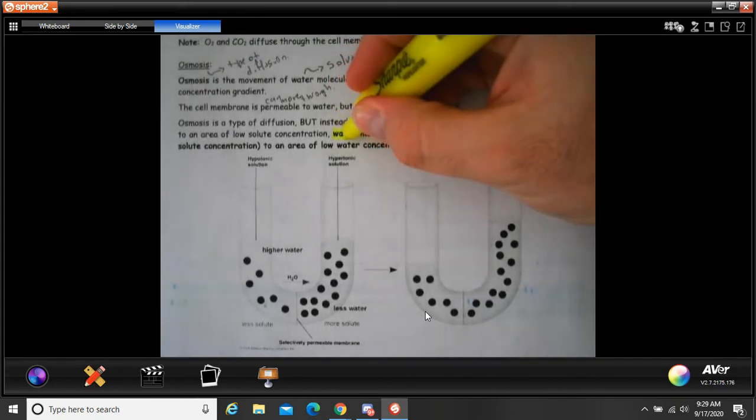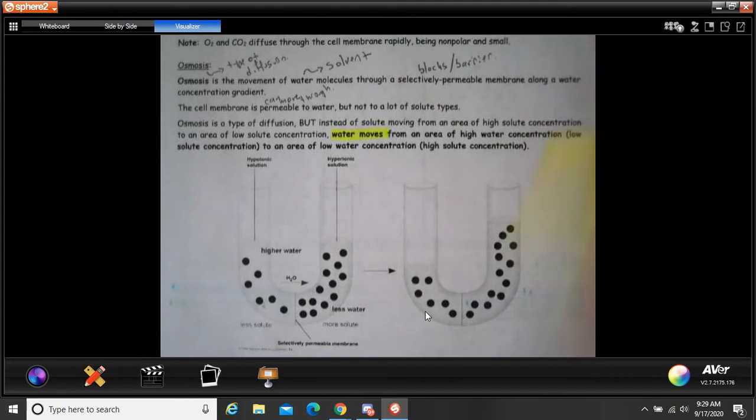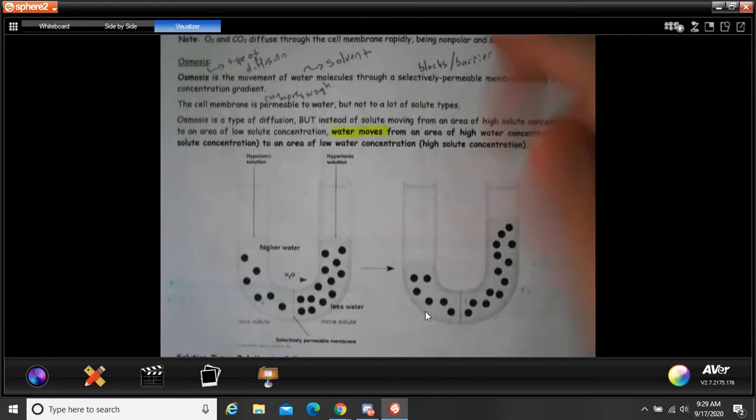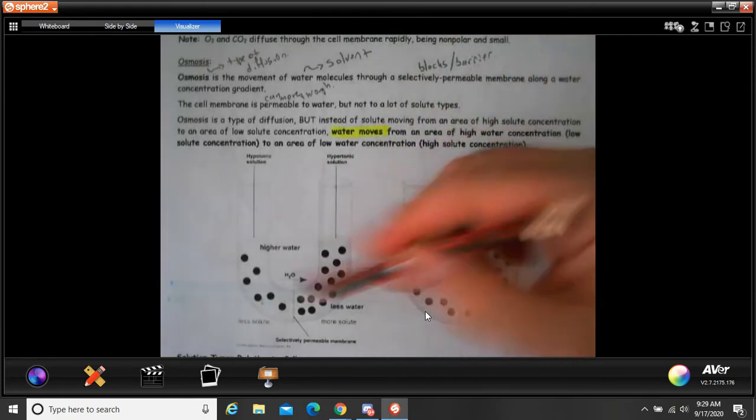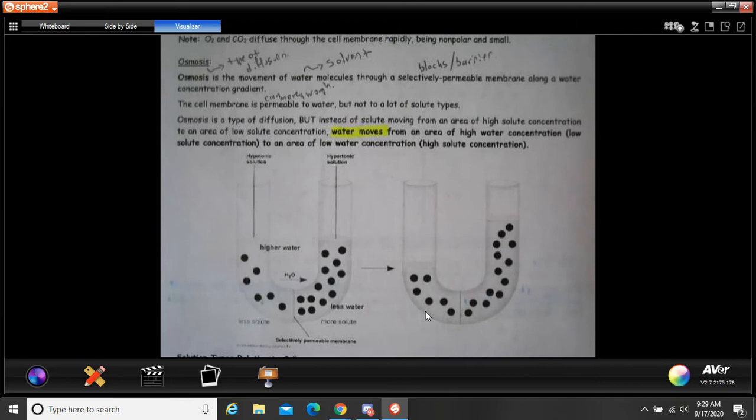So water moves from an area of high to an area of low. Essentially the same criteria as all other diffusion, except now it's water moving along its gradient of different amounts of water. Now the diagram below, I like to mention this to my kids. You notice that it's shaped like a U, and it's a tube.